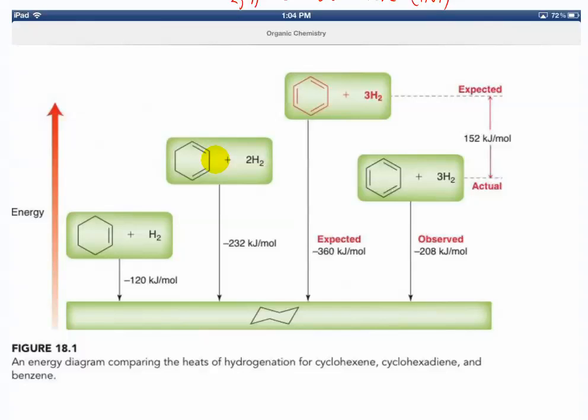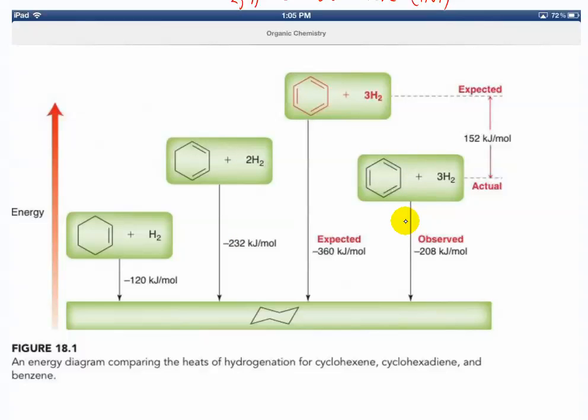So then if you keep the same pattern going, you would expect that 3 double bonds with no relationship to each other would be 360 kilojoules per mole. That is triple this. Maybe minus a little bit for conjugation. But in fact, it's minus a ton.